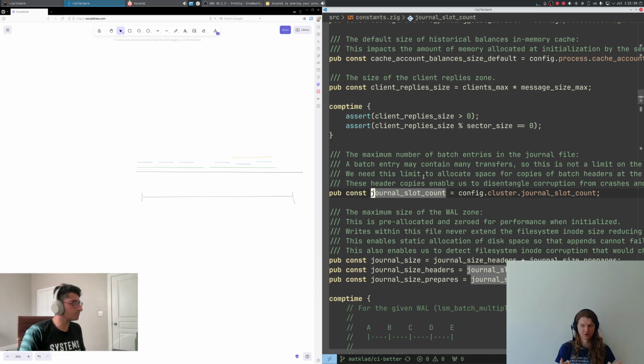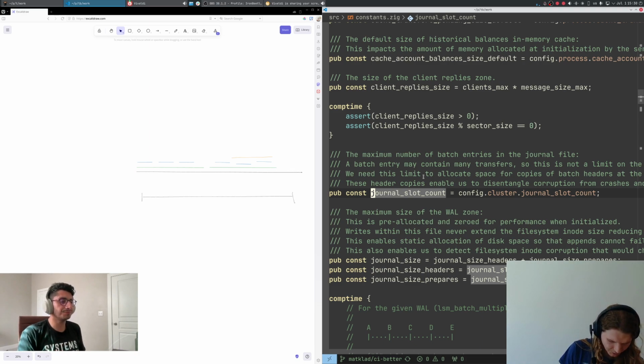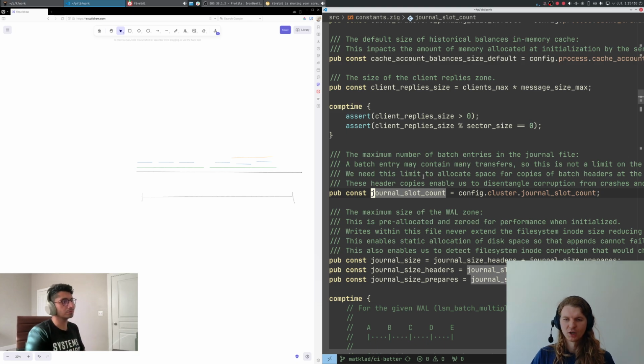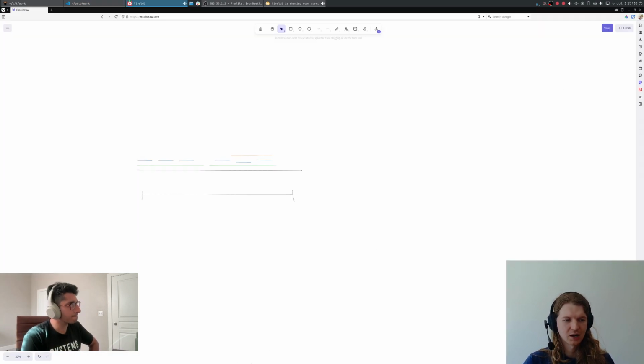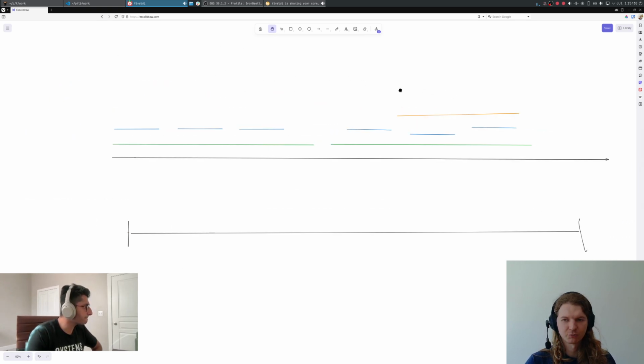So we are going to have only this many slots in our physical journal on disk, and our physical journal is going to be a ring buffer. So that is the answer to why we cannot prepare an infinite amount of prepares.